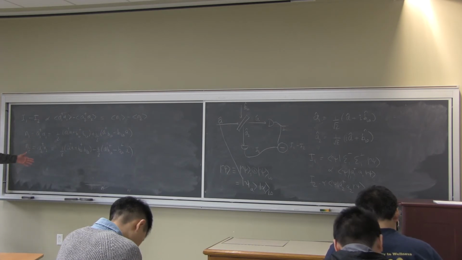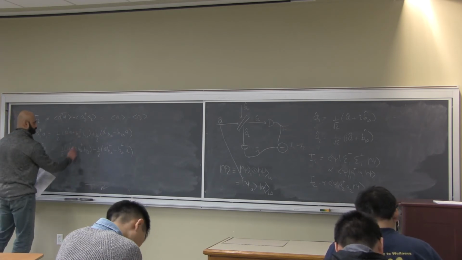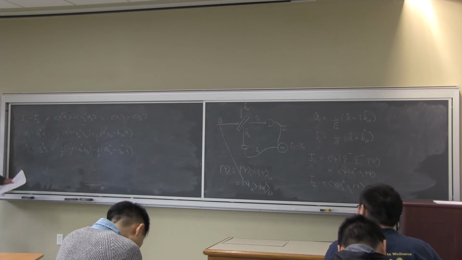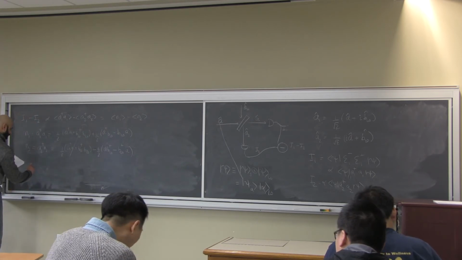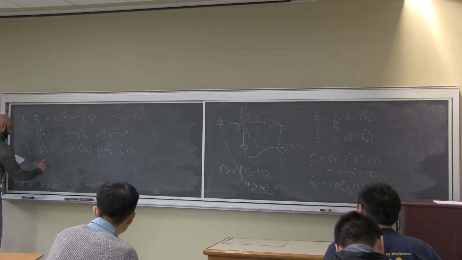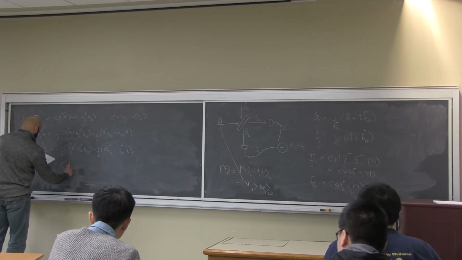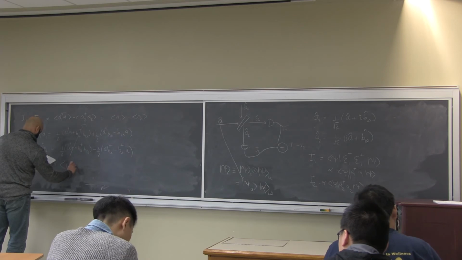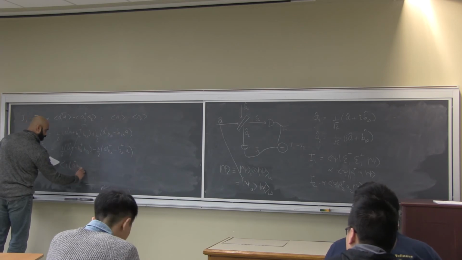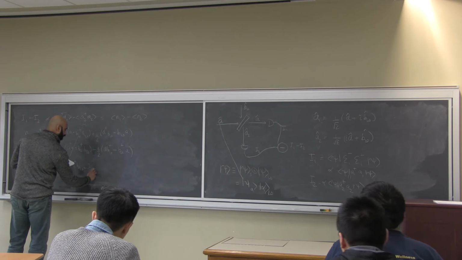But clearly when I take the difference, this term will be subtracted out. So N1 minus N2 is simply i times A dagger BLO minus BLO dagger A.